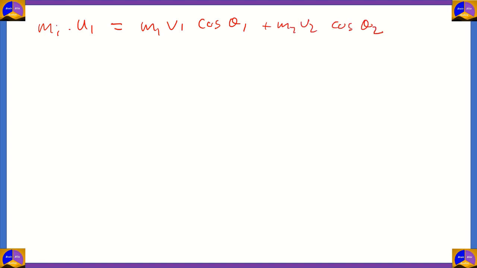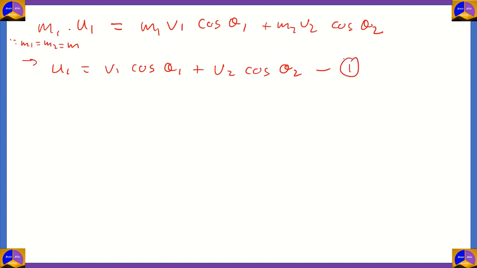So since m1 is equal to m2, you can cancel out the mass from this equation. So m1 equals m2 equals m. You will get the first relation u1 equals v1 cos theta 1 plus v2 cos theta 2. So let's take this as our equation 1.